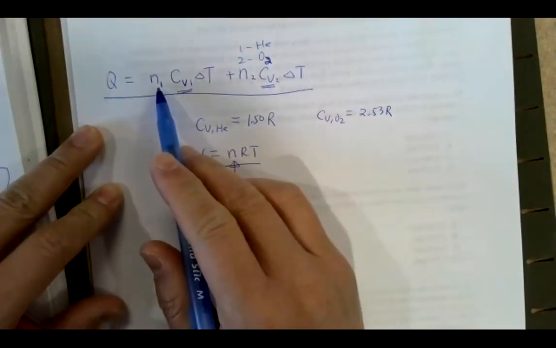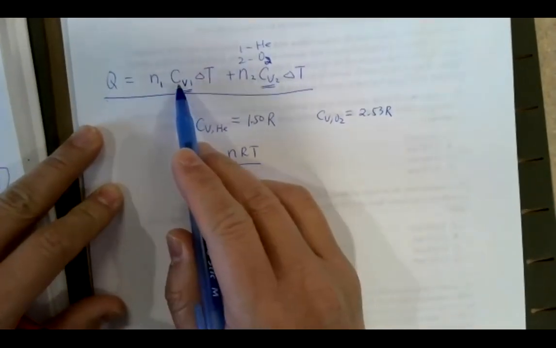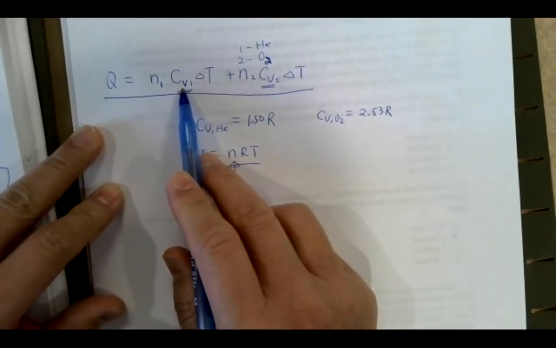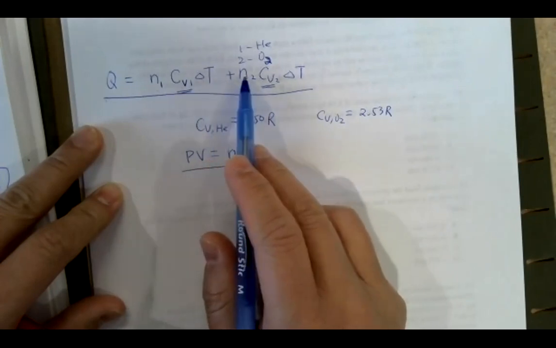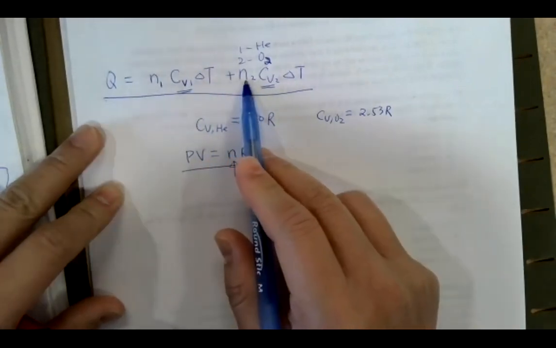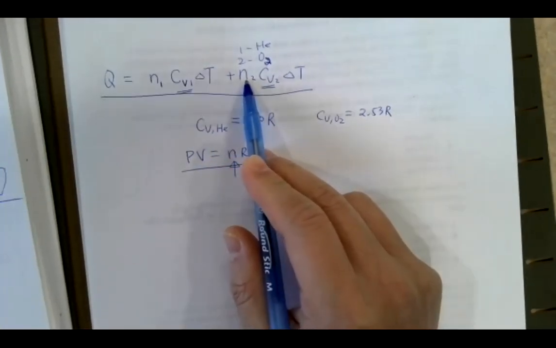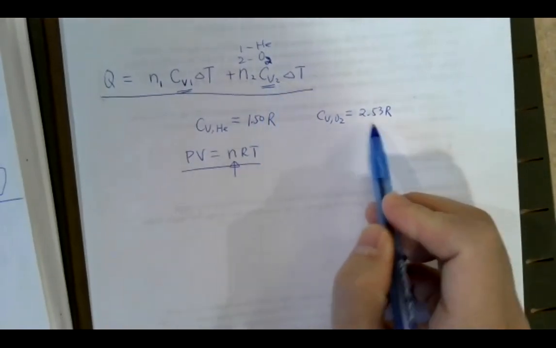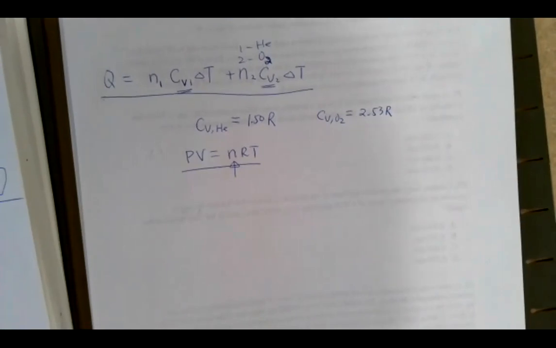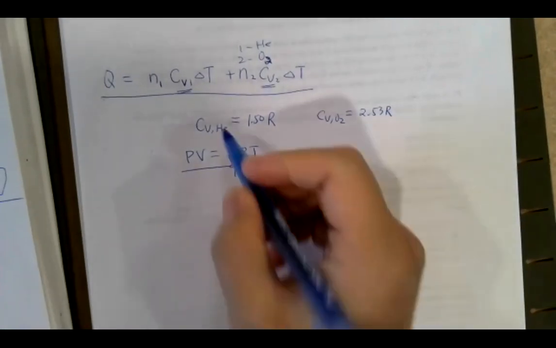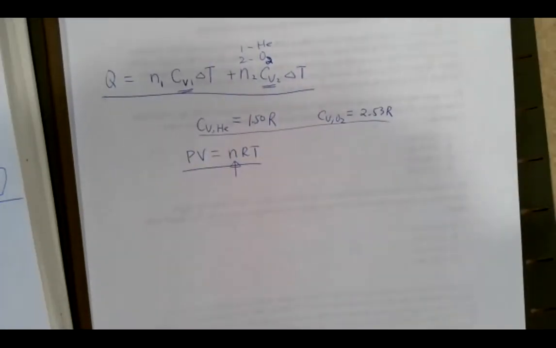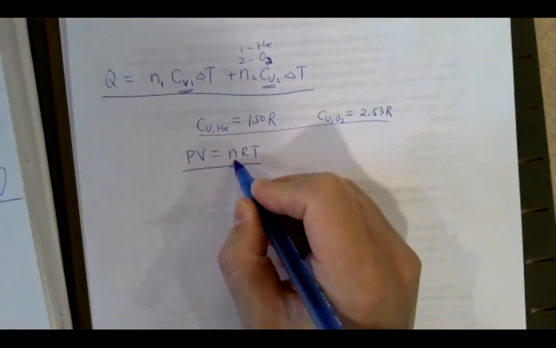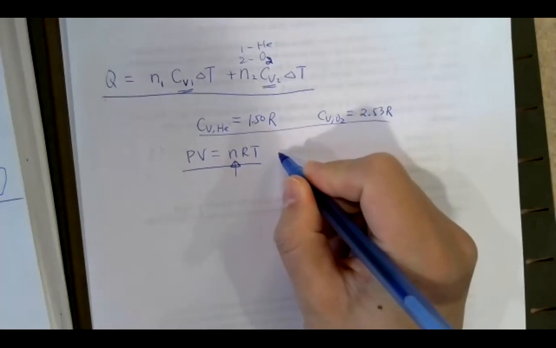N1 is the moles for helium, and CV1 is the molar heat capacity for helium, and delta T, plus N2 moles of oxygen times CV2, which is the molar heat capacity for oxygen. We looked those two up. We now need to figure out what N1 and N2 are. So we can figure out the total N first.